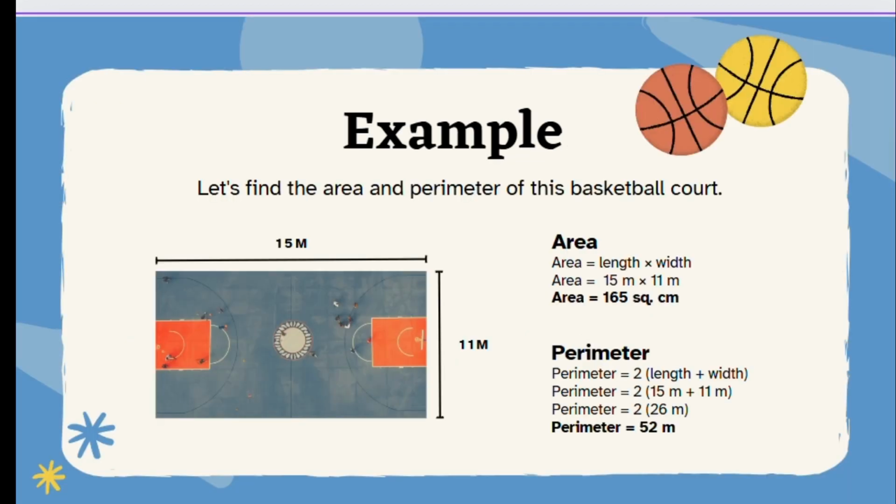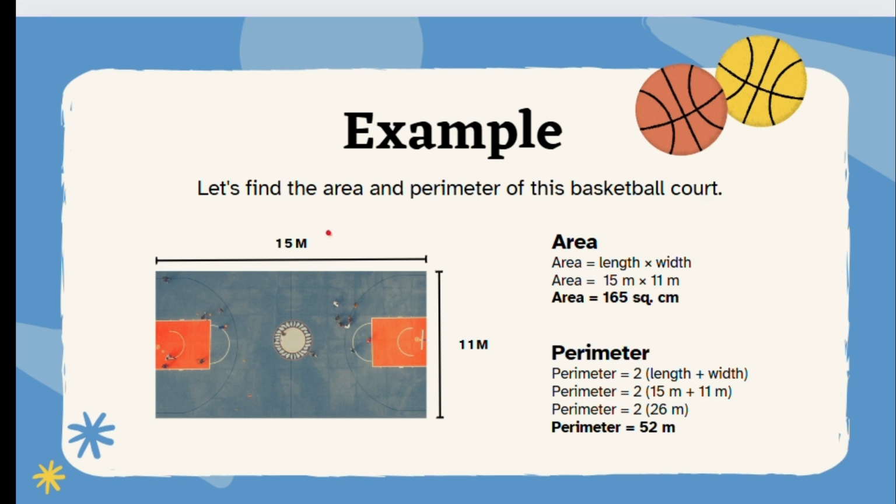So for example, let's find the area and perimeter of this basketball court. Here we have this rectangle and we have to find the area and perimeter of this basketball court.